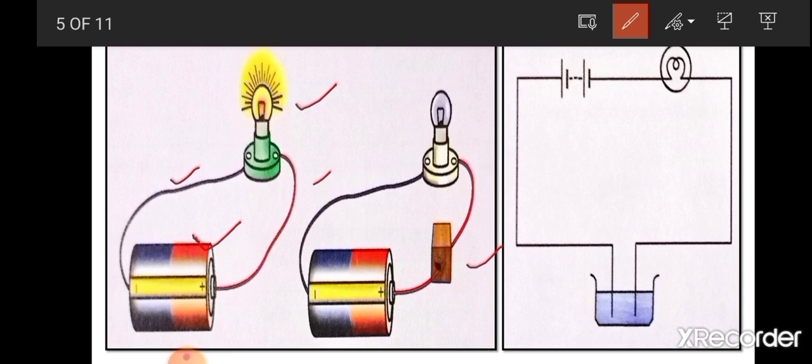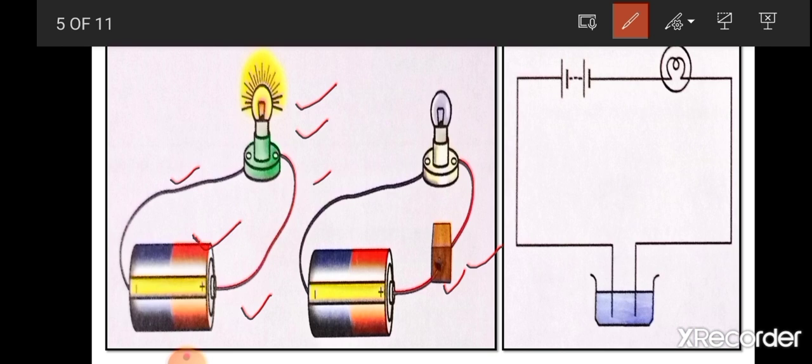In the first diagram you can see, when the free end of the wire is connected to the bulb, that bulb is glowing. But when the wire is connected to the wooden block, in this case the bulb does not glow. Why? Because electricity cannot pass through this wooden block, because wood is an insulator.